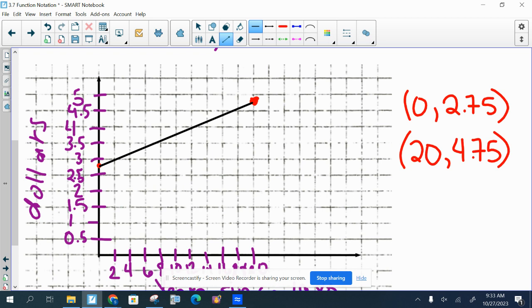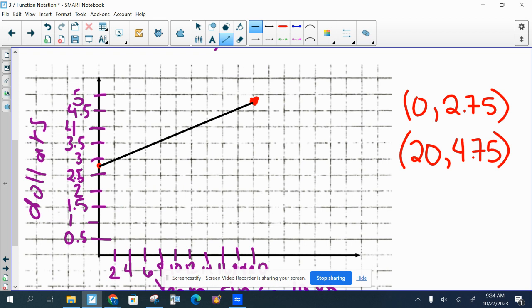I'm about to pick up the straight edge. You label your X and Y axis. Don't go past 20. Doesn't go past 20.